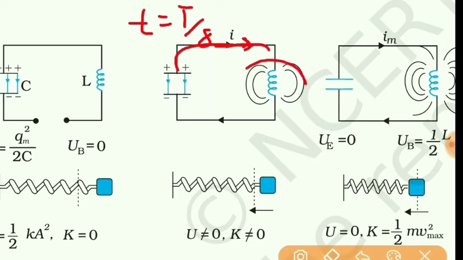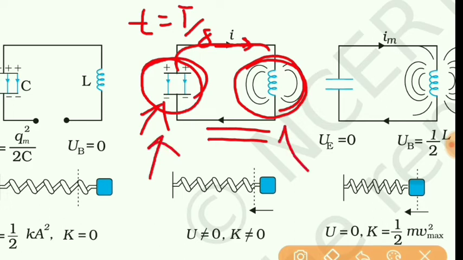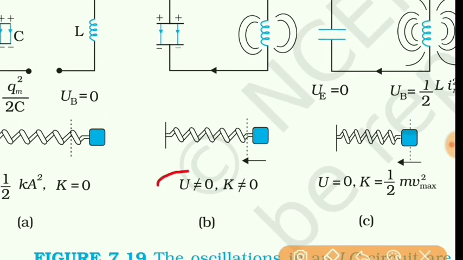So now there is a magnetic field also in the inductor due to current, and there is energy associated with the capacitor due to some charge still present on the capacitor. So energy is present in both forms, in the form of electric as well as in the form of magnetic. So here we can see that both energies are non-zero.